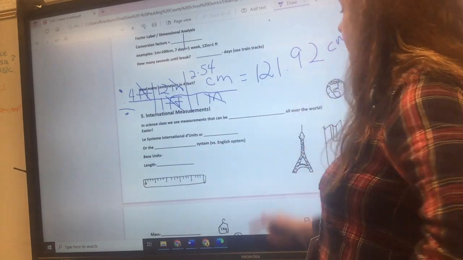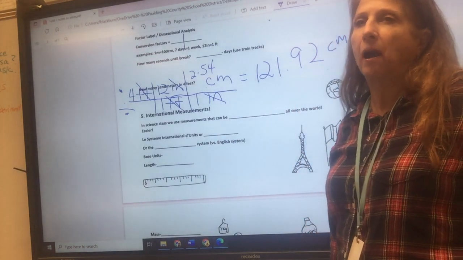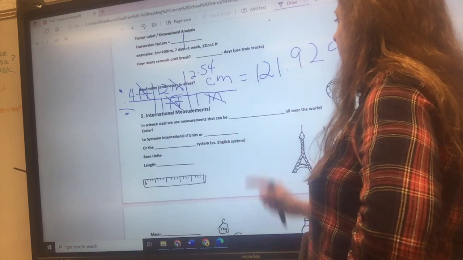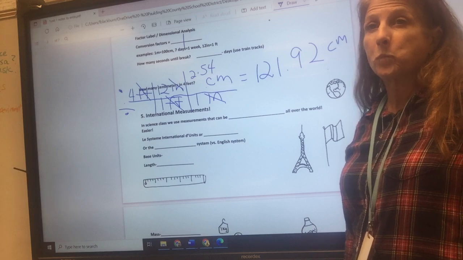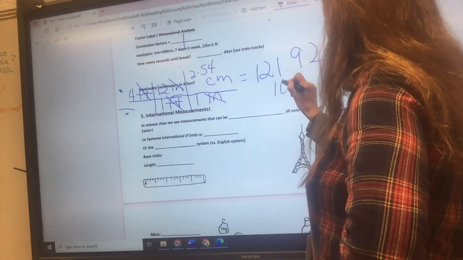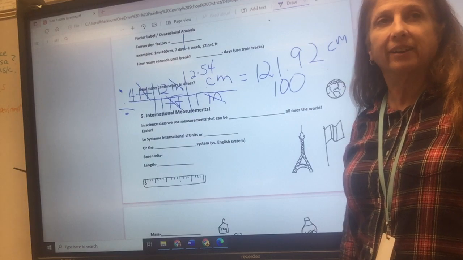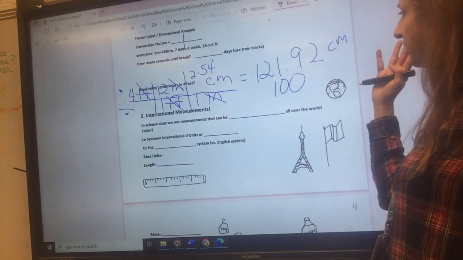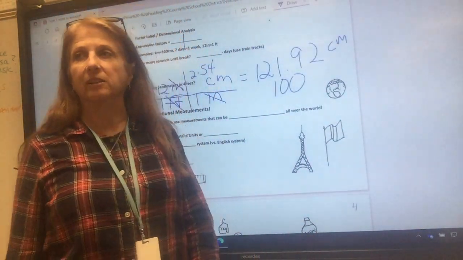How many significant figures does 121.92 have? 5. How can I round that to just be one significant figure? 100. That is a little hard to do, isn't it? To turn that beautiful sciencey looking number into 100. But that's the rules. So it gets easier though, okay?